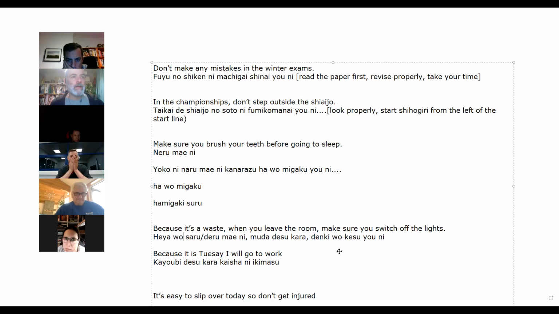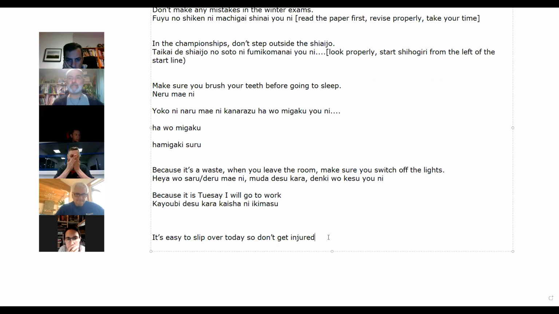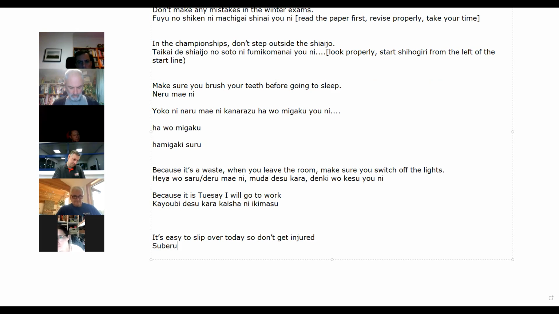Good. Okay. It's easy to slip over today, so don't get injured. How do we say to slip over? I'll get this one confused. Suberu means, I'm just trying to remember if this is the transitive or the intransitive. It's the intransitive, so it's suberu.